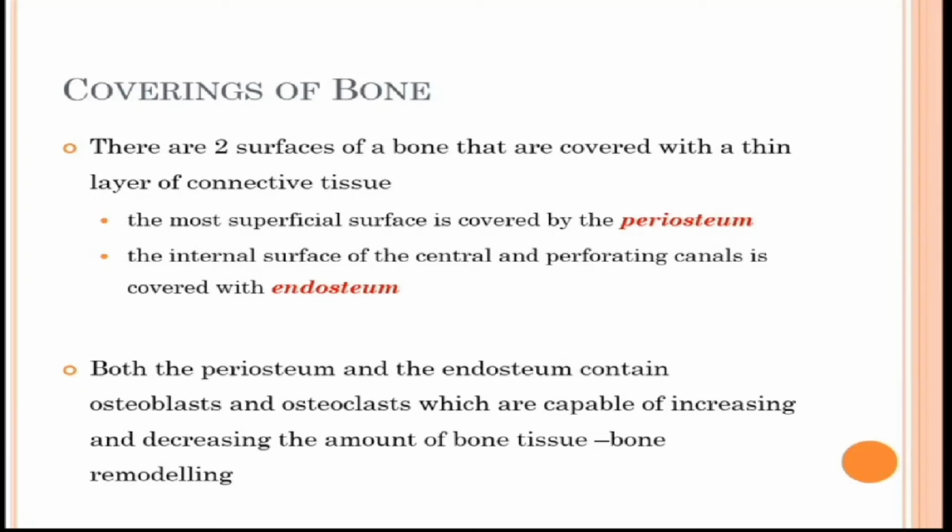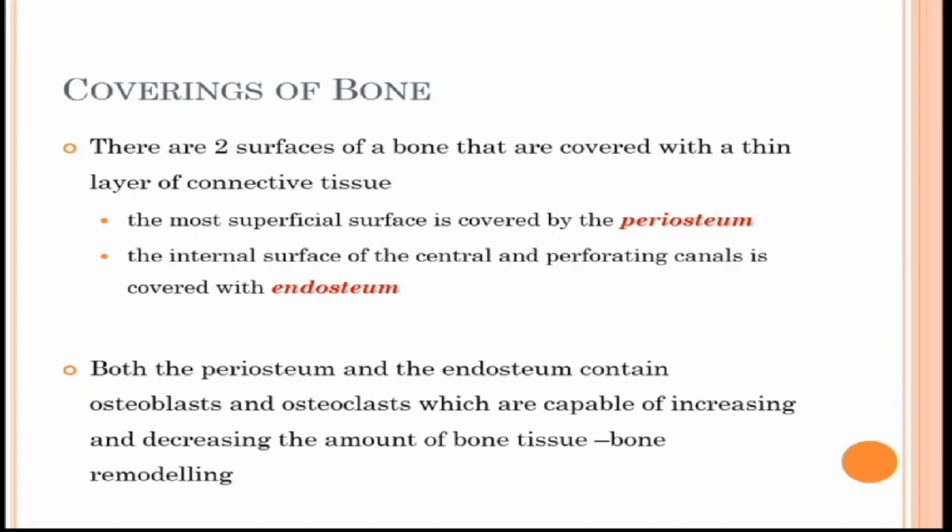So this type of specific membrane is called periosteum. This is the superficial surface of the bone that is covered by periosteum. The internal surface of the central and perforating canal is covered with the similar tissue, but now it is called endosteum.